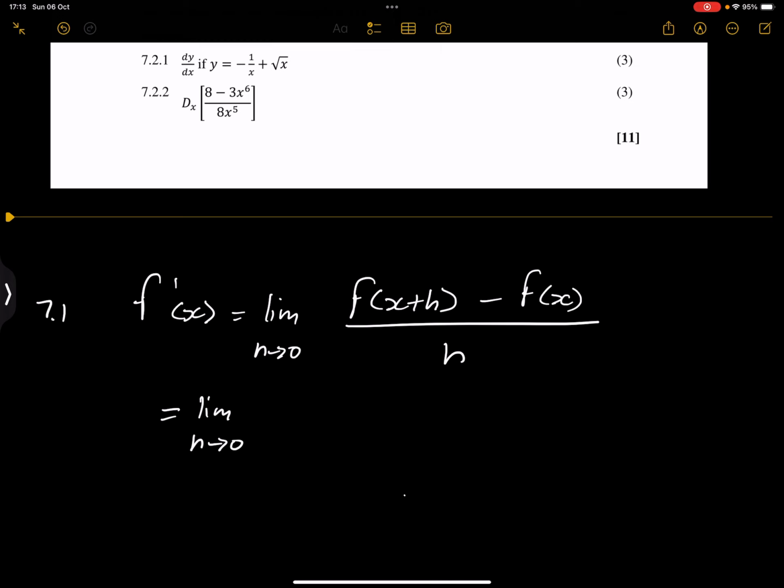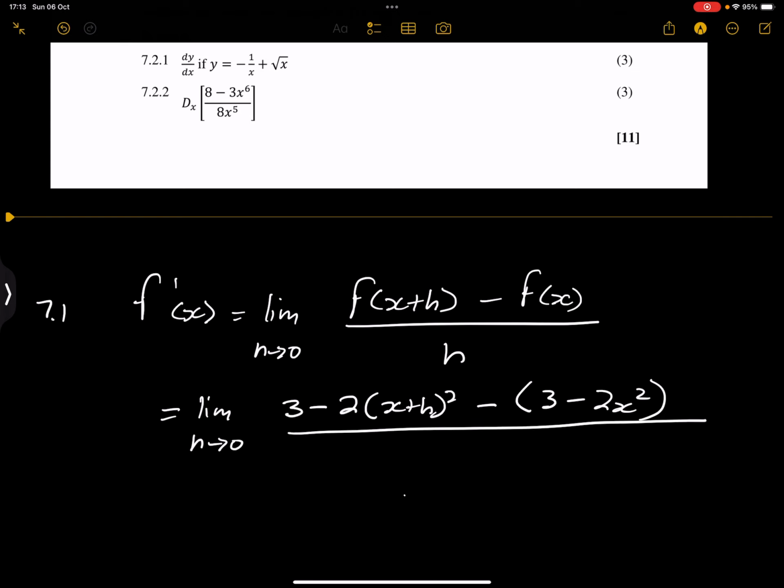Right, so now we're going to say this is 3 minus 2 times (x plus h) squared, minus, remember we've got 3 minus 2x squared in our expression. So this is divided by h.